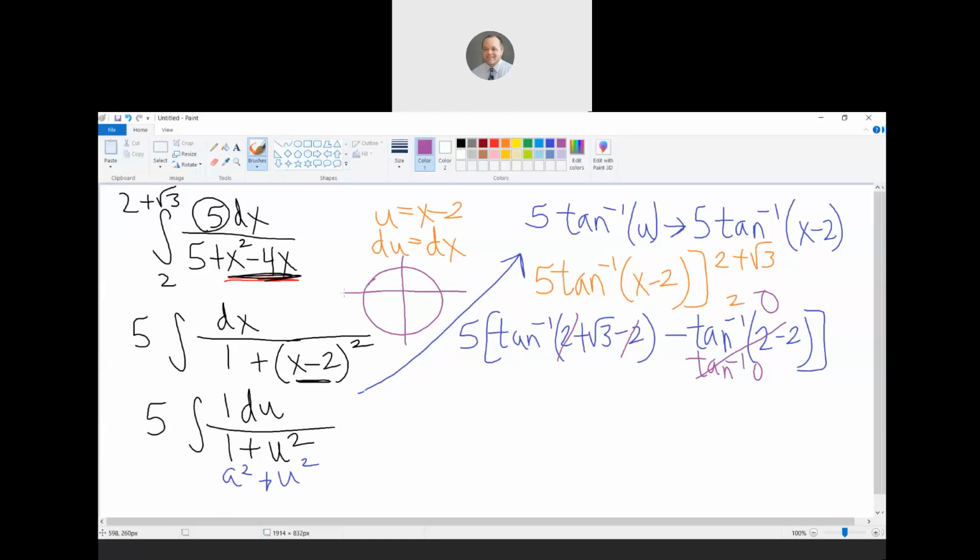If you have a fraction button, make sure you turn that on also. Or you can go online and just type in what is inverse tangent of square root of 3. And that happens at the angle pi over 3. So our final answer, once we multiply by 5, is 5 pi over 3.